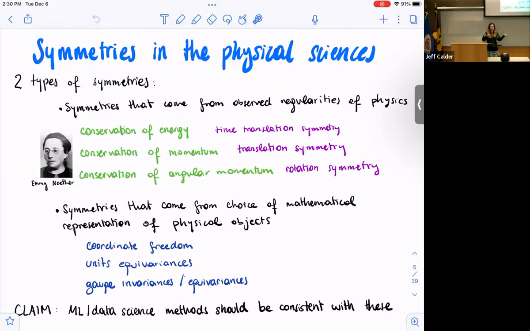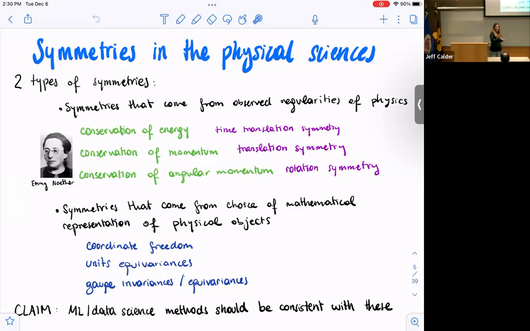There's a theorem by Emmy Noether that relates conserved quantities with the symmetries in physical systems. But there are also other symmetries that come not from the world itself, but from the mathematical representation that we decide to give to the world. Given the world, it exists there. I choose some coordinate system to describe it. The choice of coordinates is definitely not unique.